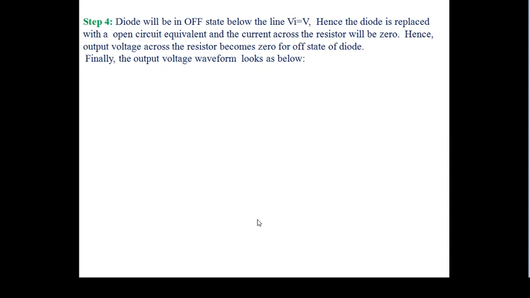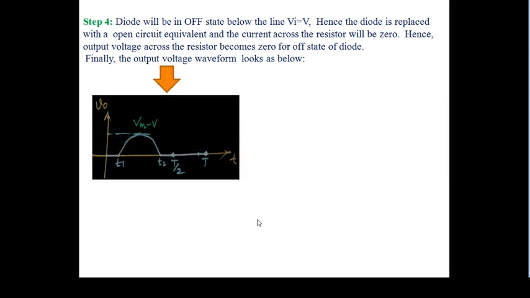So the maximum value is Vm minus V, and after T1 the output voltage will be 0.